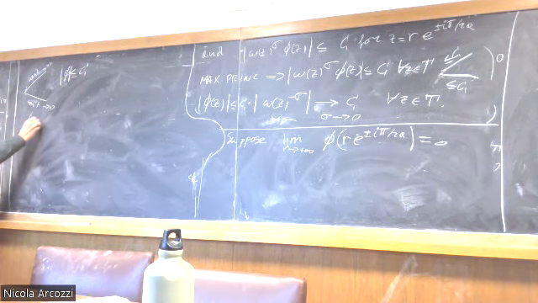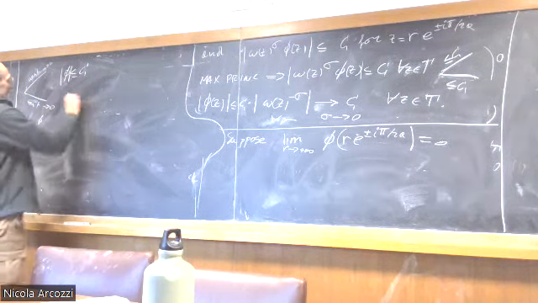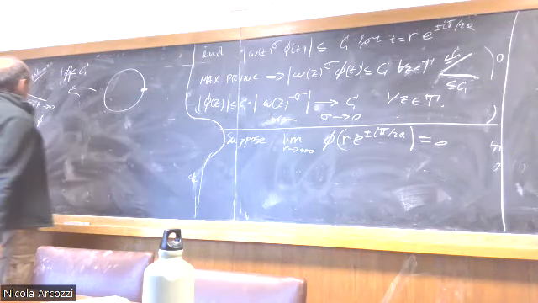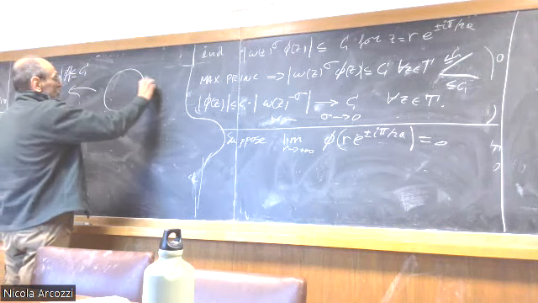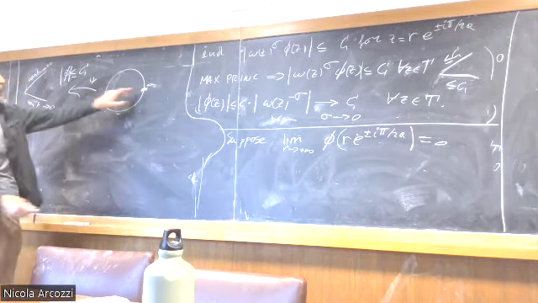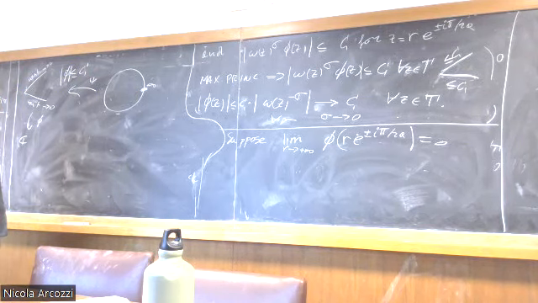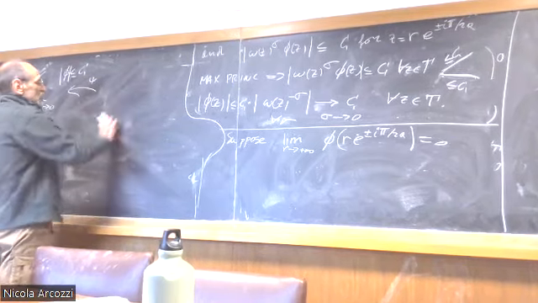That's my function phi, which is continuous on the boundary, goes to 0 on the boundary, and so on. But then I can change coordinates, so to make infinity here, I map this into the unit disk or the upper half plane, maybe the upper plane.